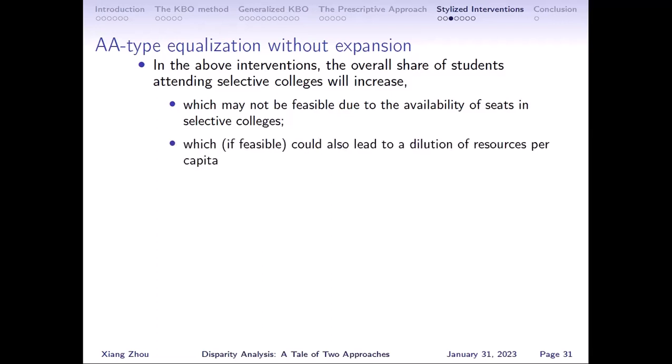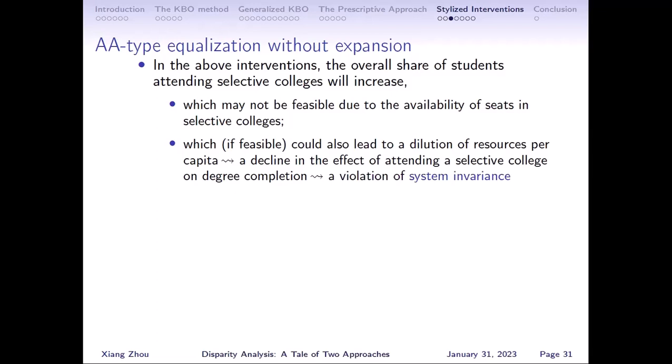And even if it is feasible, it could lead to a dilution of resources per capita, right? Which, as we mentioned earlier, could lower the effect of attending a selected college on degree completion, which is essentially a violation of system invariance.